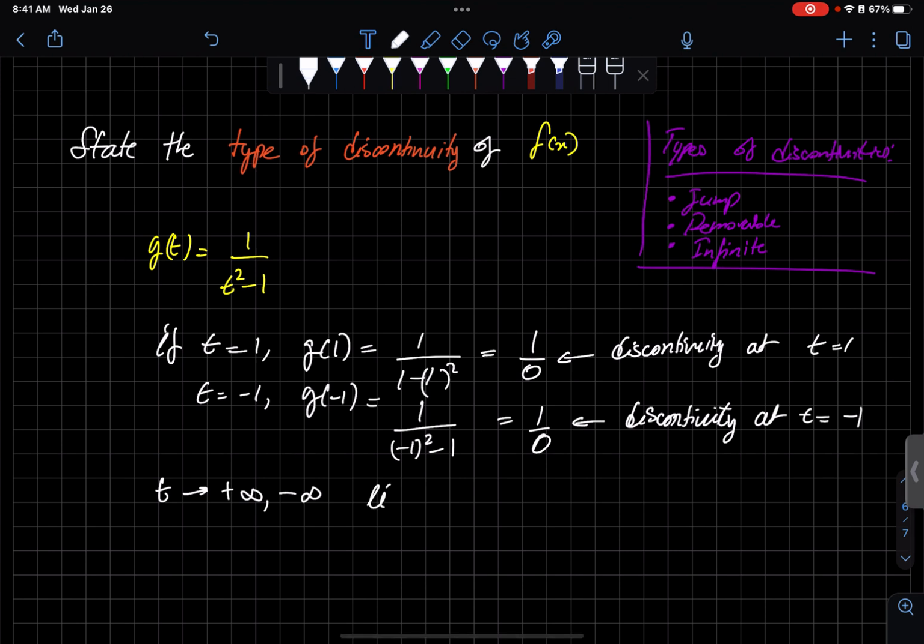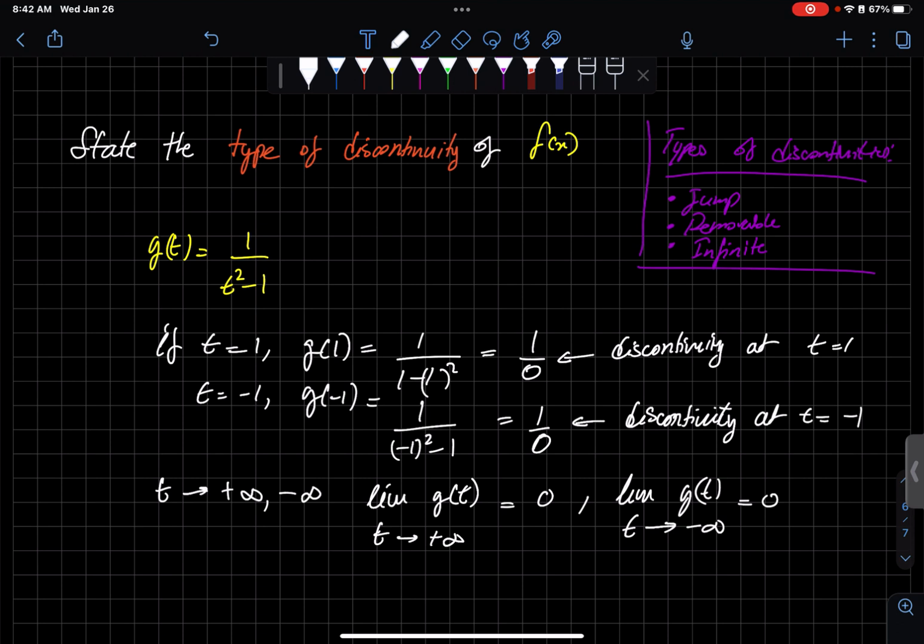So the limit of g of t as t approaches positive infinity is 0, and the limit of g of t as t approaches negative infinity is also 0.